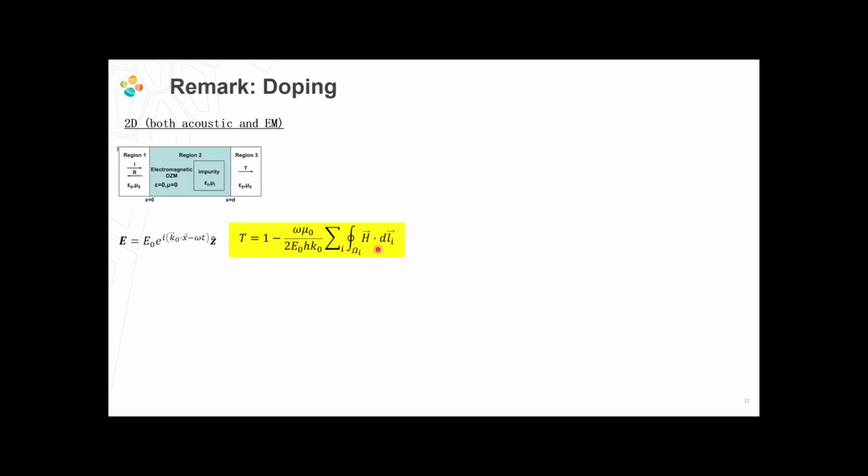So this is the edge field along the boundary of this impurity, and then you take the integration on this boundary, and then you sum up all the possible defects, and the transmission depends on that. So that means if you have different geometry, different numbers of impurities, your transmission will be different. This is an example where I have the same size of impurity, but different dielectric constants. So either the waves are totally reflected or totally transmitted.